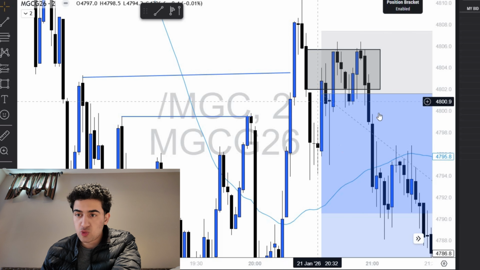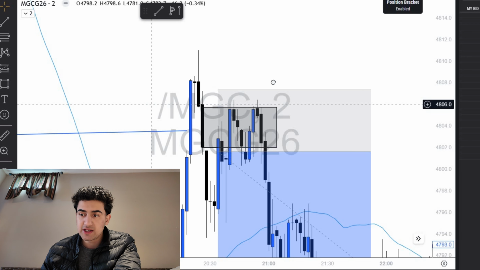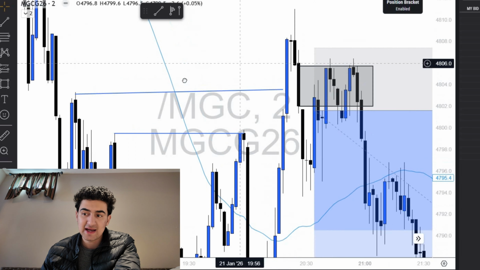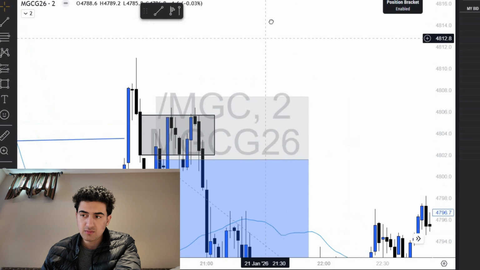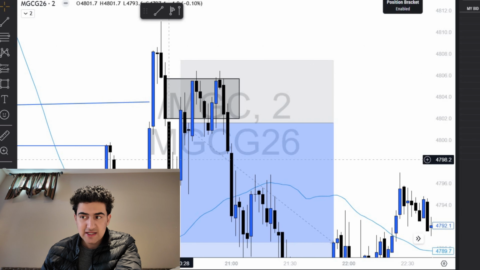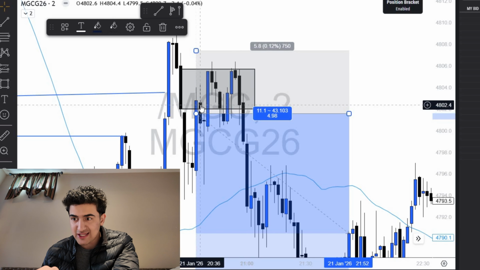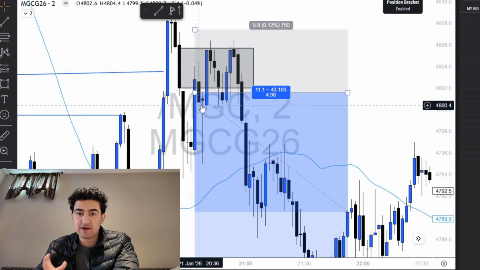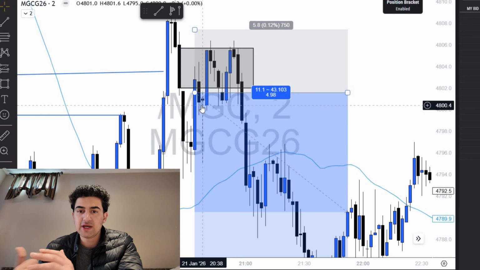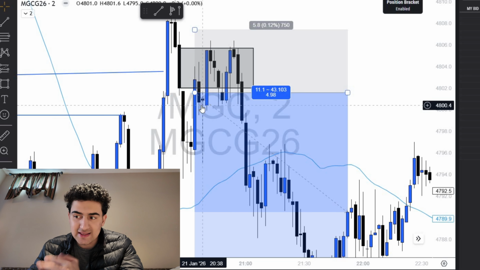What you need to do is study liquidity, and when it takes a lot of highs, you have to wait for a confirmation. So I entered right here with this black candle, because that's the inverse fair value gap. But you guys will learn about that in the next video. I'm only talking about liquidity in this video.